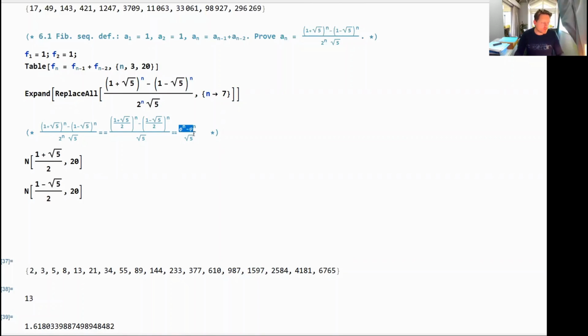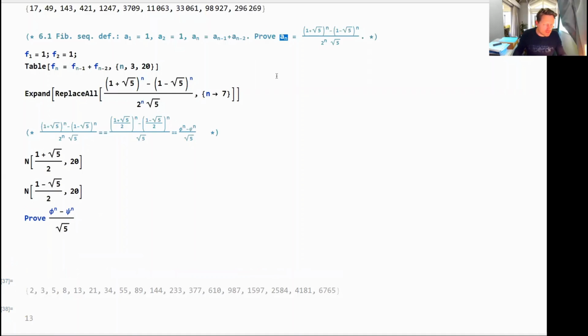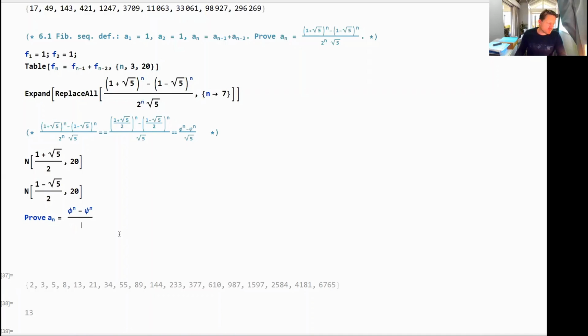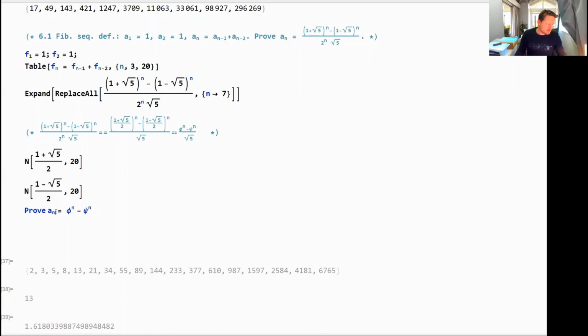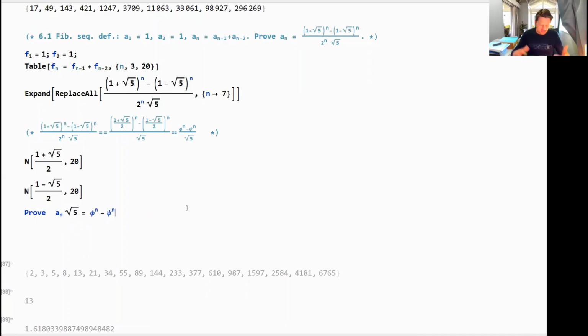So what we want to prove is, well, not quite this, but we want to prove that a_n is equal to this, but I want to make it even simpler by multiplying by root 5 on both sides. Okay, so that I want to prove this identity for the Fibonacci numbers, because it's easier to deal with, basically. Okay, and I'm going to proceed by a strong induction argument.